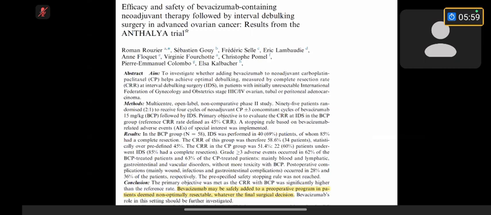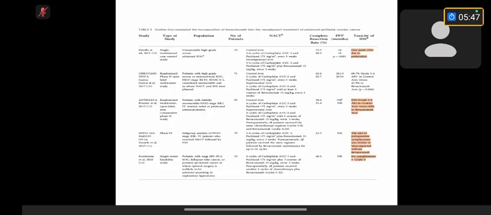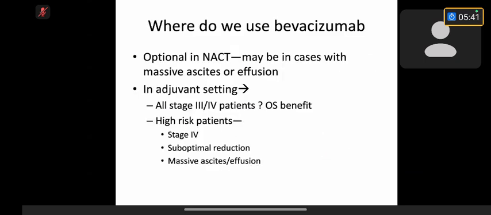Can we use Bev in neoadjuvant setting? So there's not much data, but there are few trials which have shown that it is feasible and safe to give bevacizumab during NACT also. But what it does, it increases the response rates, but there are no survival differences. So where should we use bevacizumab? What's the gist of all this data?